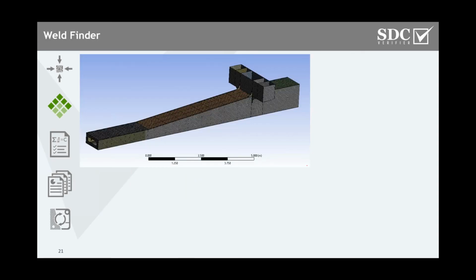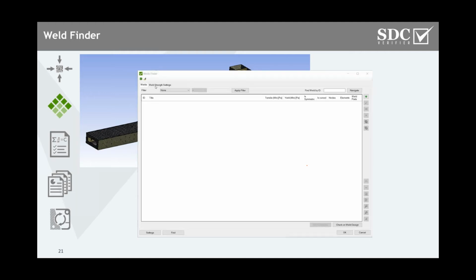This is the interface of the weld finder. So basically, you have a model which is just a list of finite elements. This is the interface of the tool, where the only thing you have to do, as I just said, is to press find.